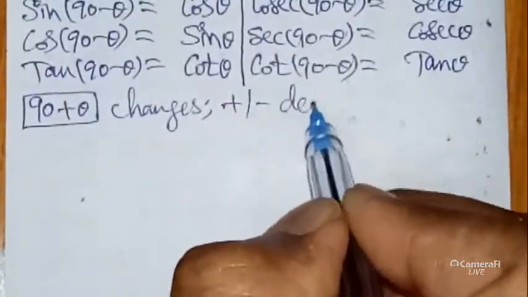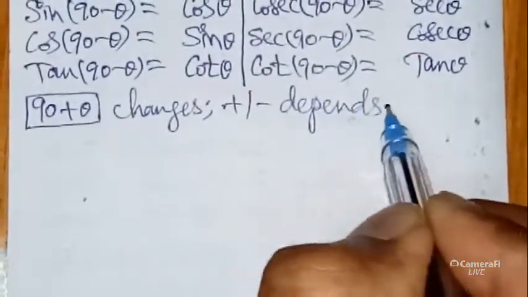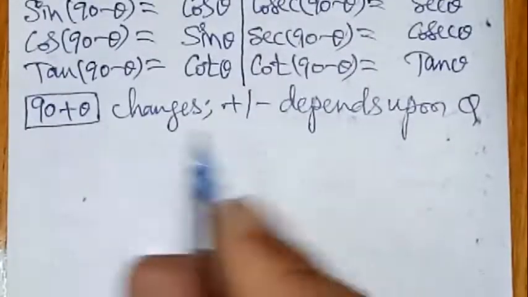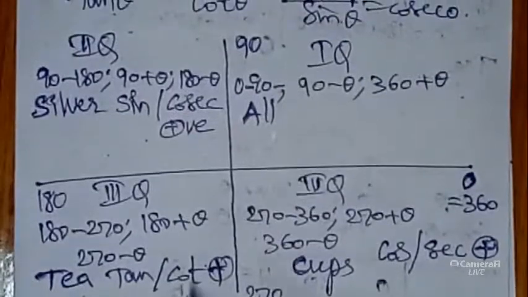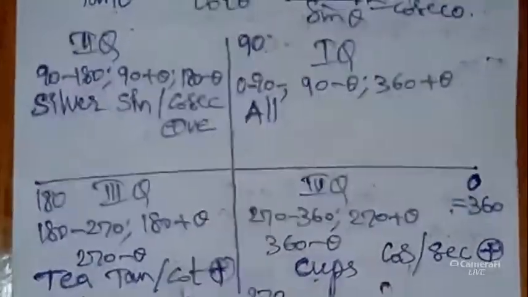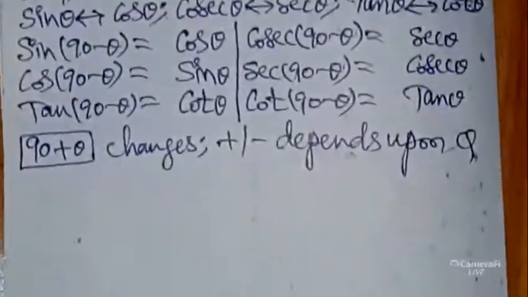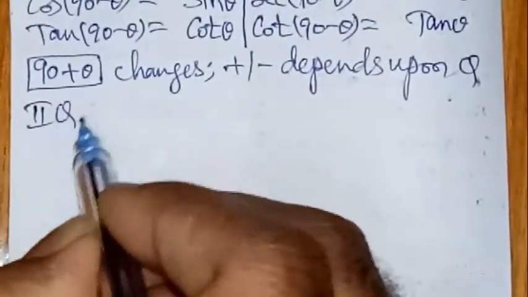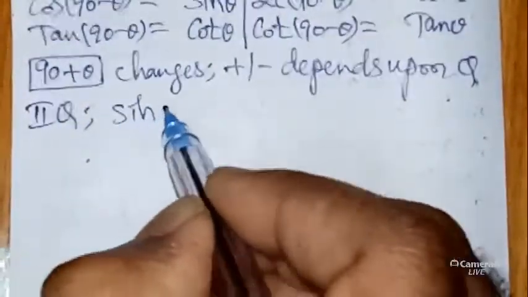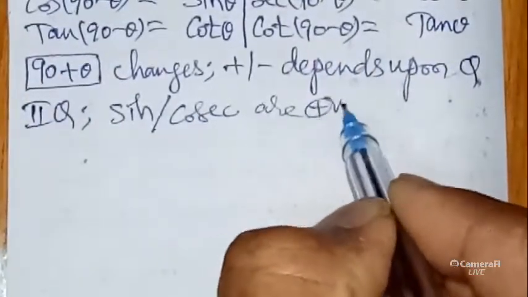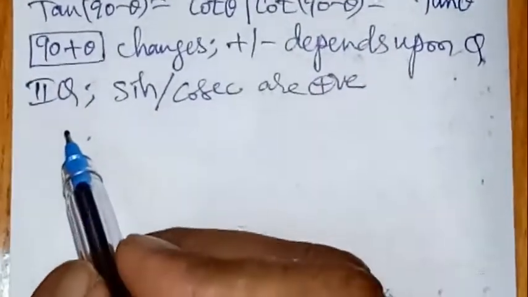Next plus or minus, which depends upon their quadrant. 90 plus theta, one second, we will go and verify. 90 plus theta means in second quadrant sin and cosecant are positive. Same part we can write here. It lies in second quadrant. In second quadrant sin and cosecant are positive. So first of all, changes are applicable.